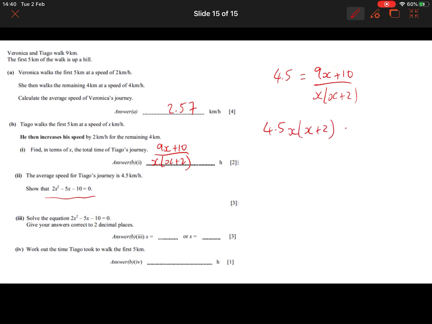And so what I'm going to do is multiply both sides by the denominator. So I'm going to get 4.5 times x times x plus 2 equals 9x plus 10. Okay. I will get 4.5x squared plus 9x equals 9x plus 10.